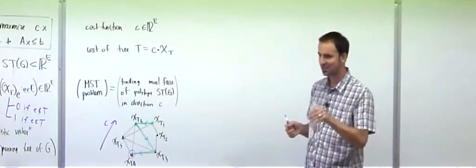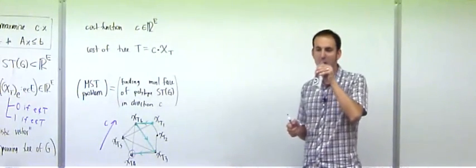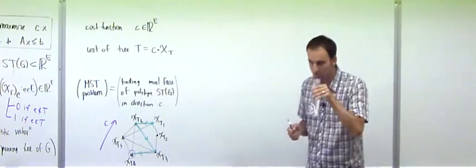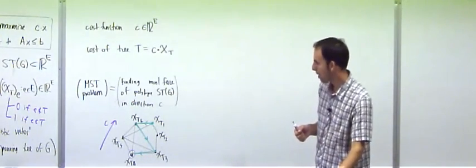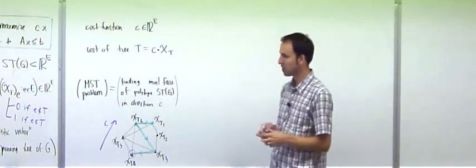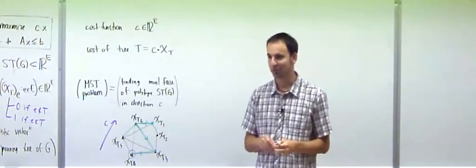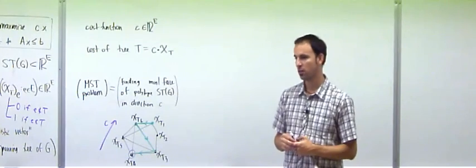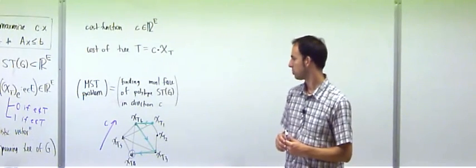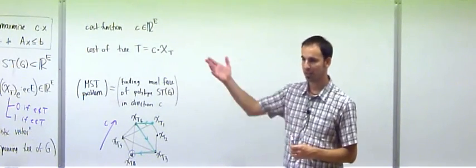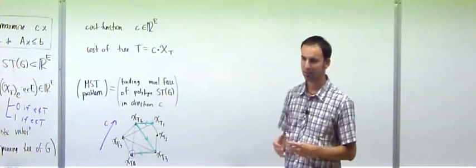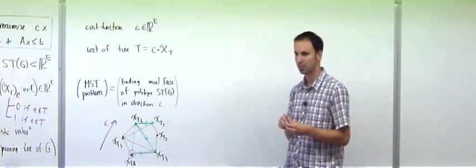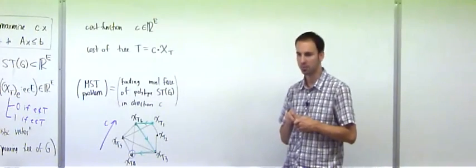Question? Comment? How do we know that our cost function is in general position? That's a very good question, and we don't. It might not be. It could be that all the edges cost the same, and if that is so, then it wouldn't be in general position.